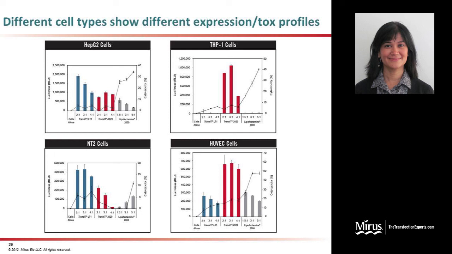With Lipofectamine 2000, you can get moderate levels of expression, but the toxicity levels as measured via the LDH assays are exceedingly high. So this further emphasizes the point that it is very critical to choose the right transfection reagent for your particular cell type.